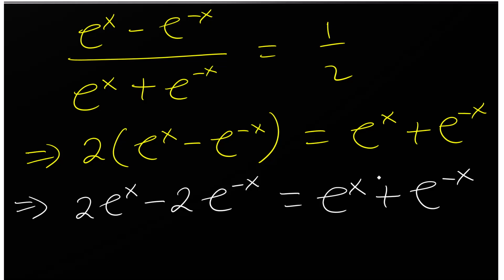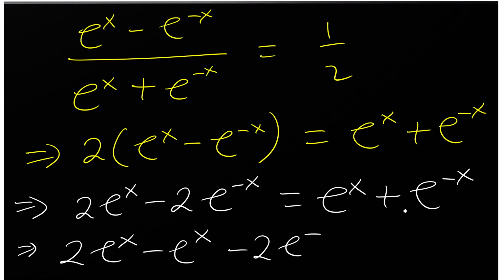So can we group like terms here? So 2e to the power x minus e to the power x, minus 2e raised to minus x minus e to the power minus x.